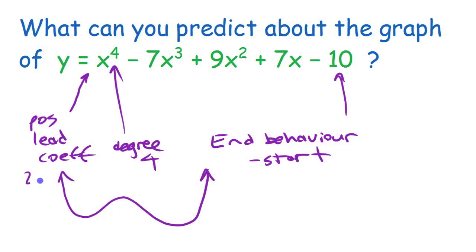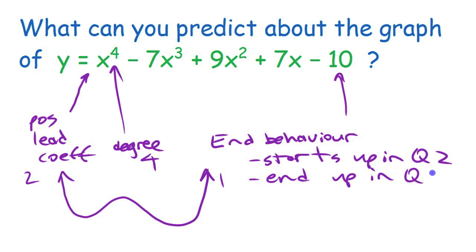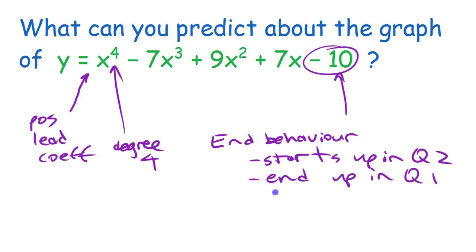It starts up in quadrant 2, and it's got to end up in quadrant 1. That's got to be its end behavior. It's got to have a y-intercept of negative 10. You can say 0, negative 10 if you want, or you can just say negative 10 like that.